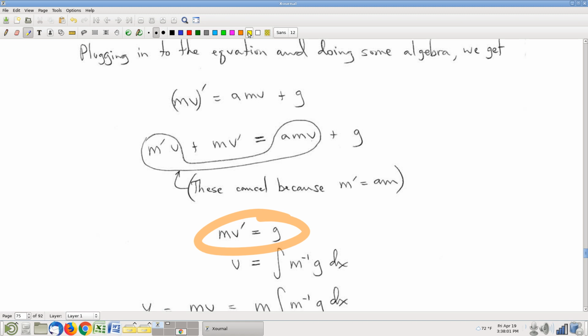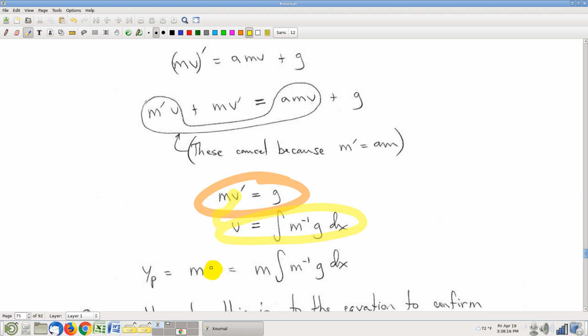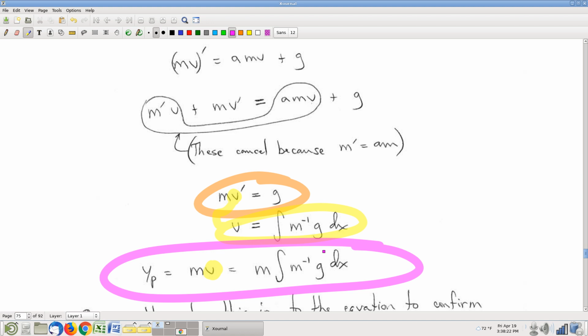Solve for V. And there you go. There's your V. That's how you tweak your previous homogeneous solution to get a particular solution. In other words, that is the thing that you multiply by M to get your particular solution. So here is your particular solution. And that works just fine. And it's an explicit formula. It's pretty handy.